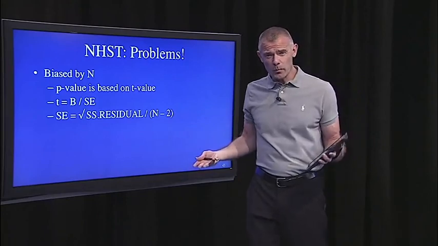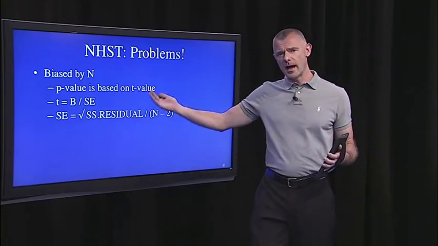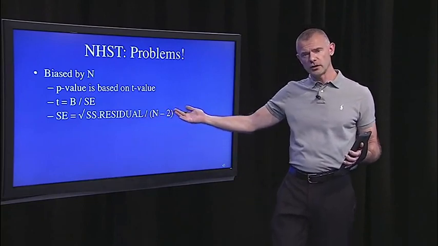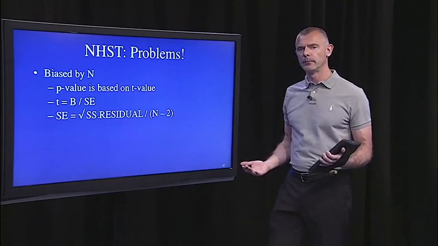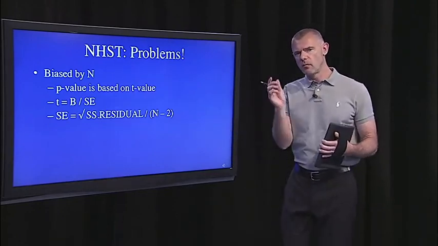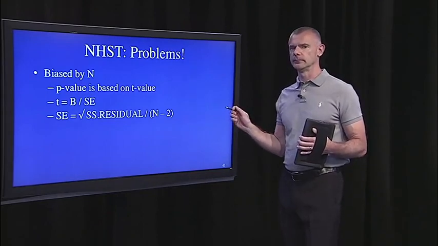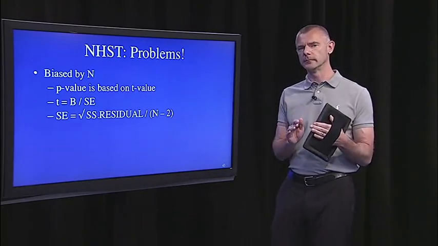Then you're going to get a low p-value just because you had big N, not because you had a strong regression coefficient, just because you had a large sample. So just by getting a large sample, you can get small effects to be significant. That's what it means to say that this whole process is biased by N.